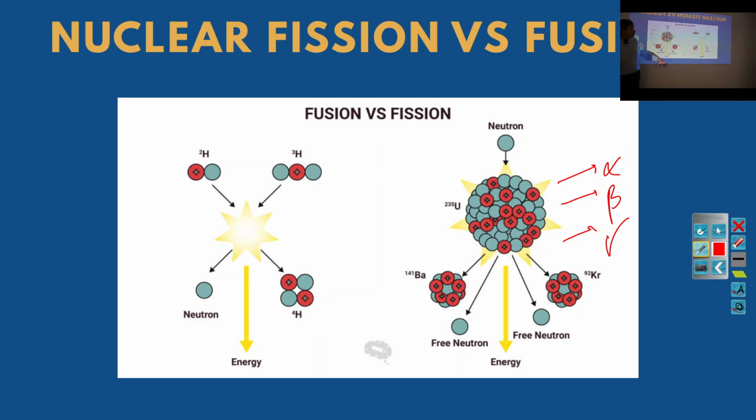They are doing fusion now too, in tokamak reactors where they use nuclear fusion technology to produce energy. But fission is what we are currently using right now, and all nuclear reactors use the fission reaction. So this is about nuclear fusion and fission.